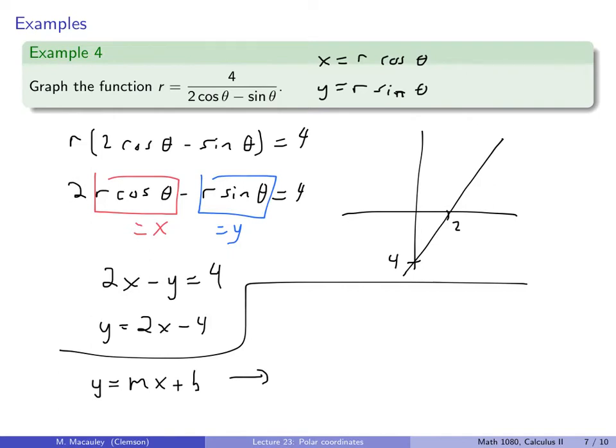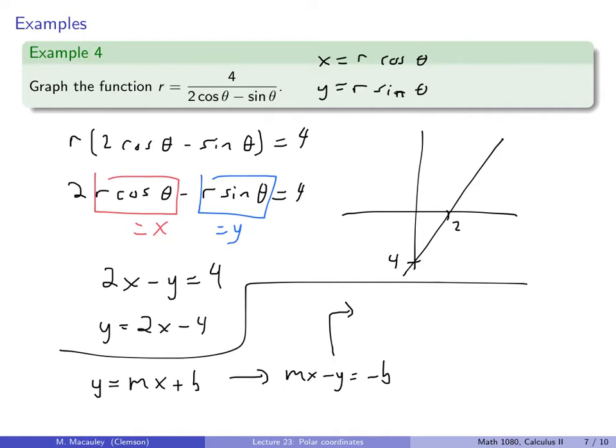Let's be careful here: mx minus y equals negative b. I'm not organizing this very well, so I'm just checking to make sure. Yeah, so let's back up a little bit.